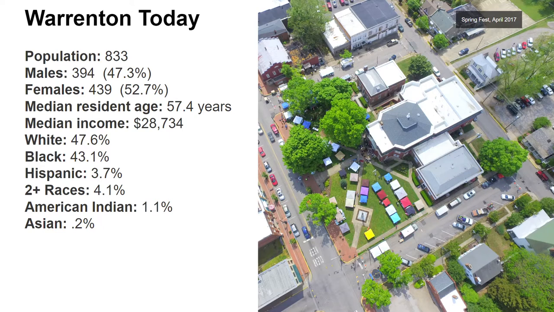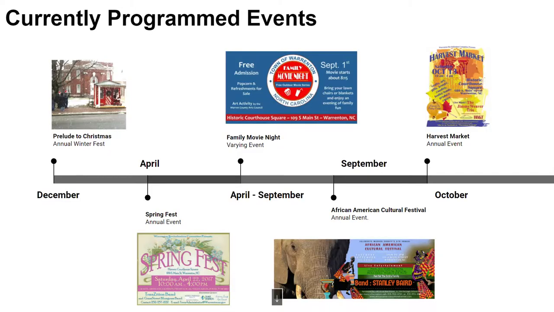So Warrenton today, we looked at the current population, the males and females, resident age, median income, and also the split between ethnicities or races as reported in the 2019 census. I'm looking at currently programmed events stepping through the space, and how the space is more than just the courthouse. It truly is the public green and the main park for the town of Warrenton, North Carolina.